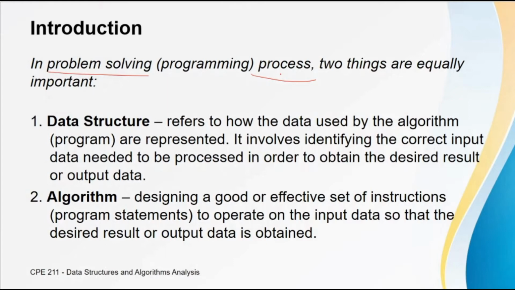Third, we then identify what are the variables needed to represent those input data, computed data, and output data. So again, if the problem is about computing the area of a circle, then we can decide the needed data are radius and area.